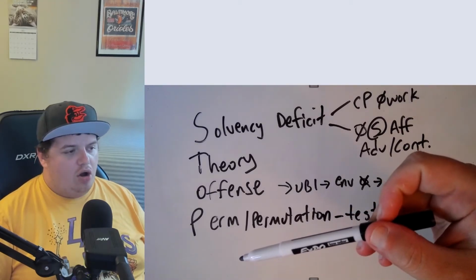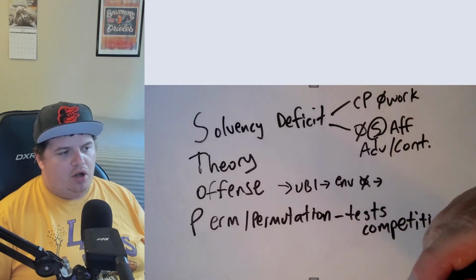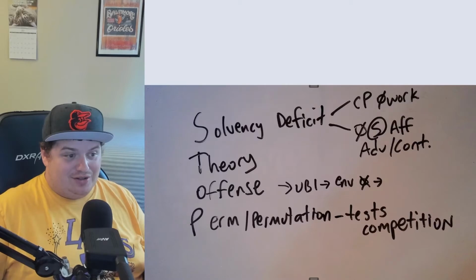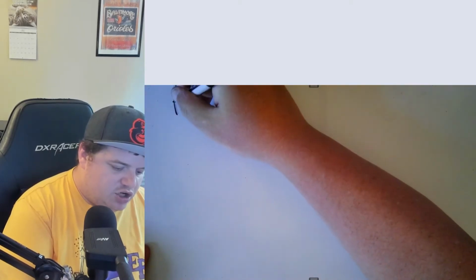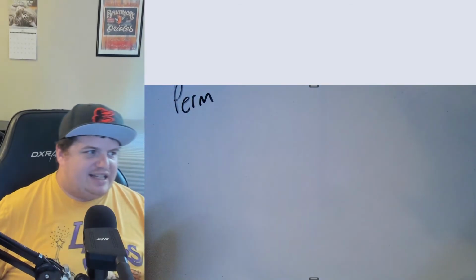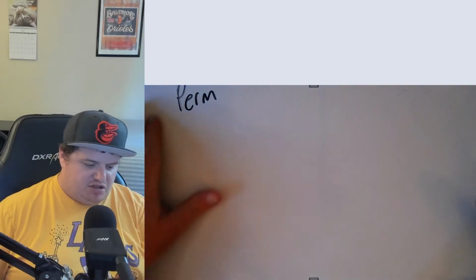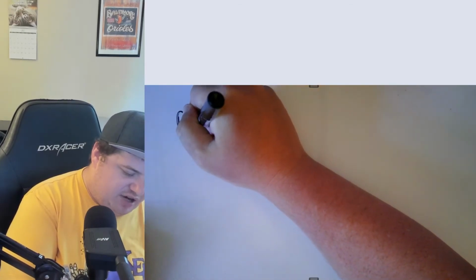Okay, so what I want to do now is jump into the permutation component of this. A perm is going to be a test of competition. We said that just a couple minutes ago.